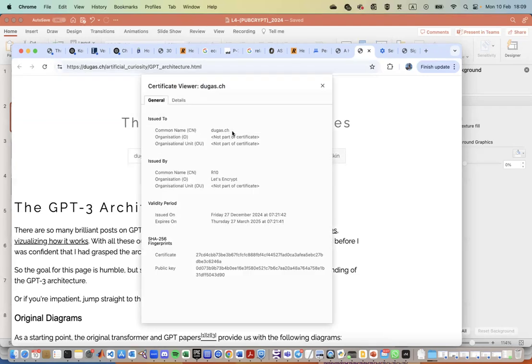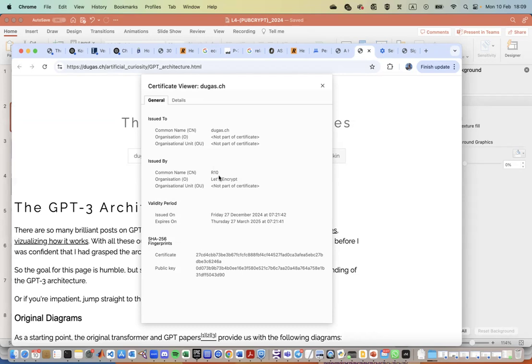So let us have a look at what is inside this certificate. It's a digital document which is issued by some organization. Yes, it is issued by some organization called R10.